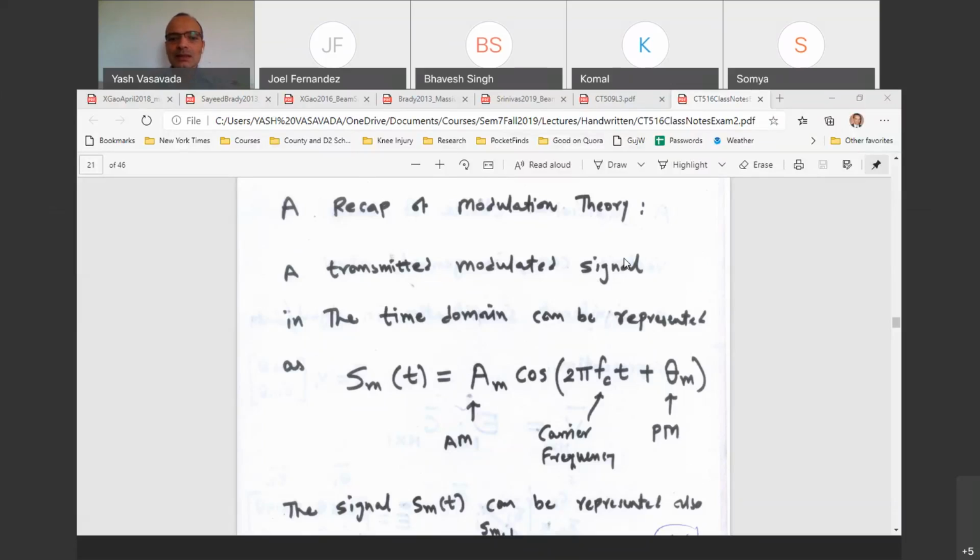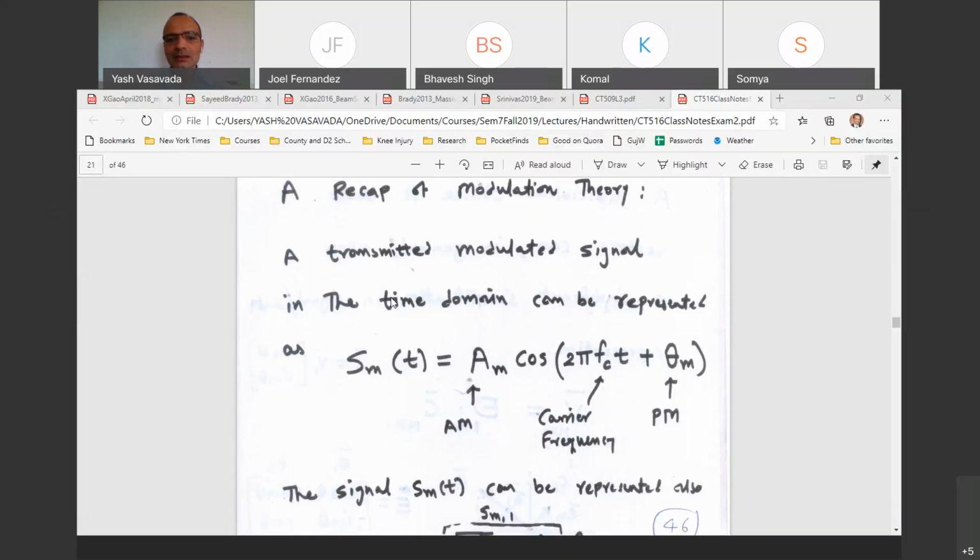Okay, so these are notes directly taken from the course that you took last time, where we said that a modulated signal can be represented in this compact manner, A_m times cosine of 2 pi f_c t plus theta_m.